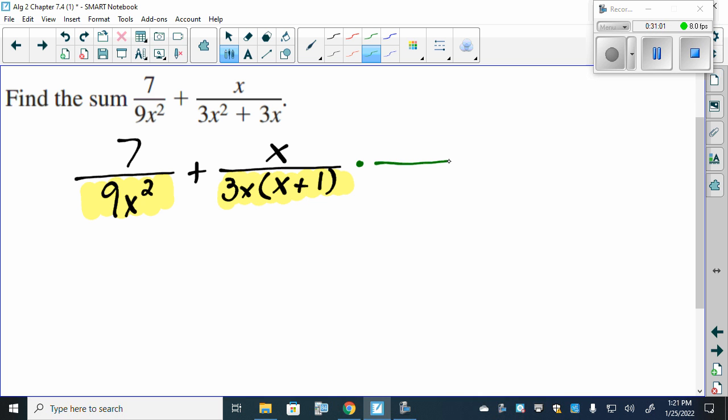Times it by 3. And then to get the x to be x squared, we multiply it by x. And what we do to the bottom, we also have to do to the top. Just like we did at the beginning with our, I think it was 2/3 and 2/4.